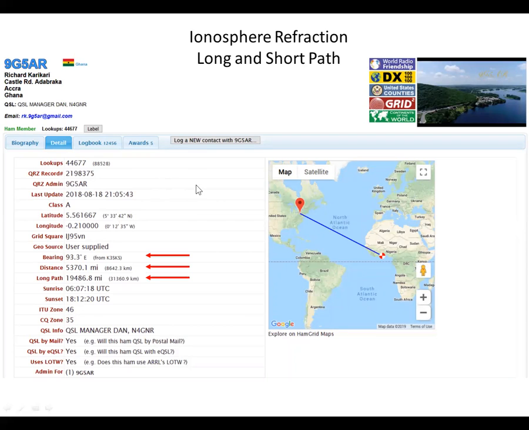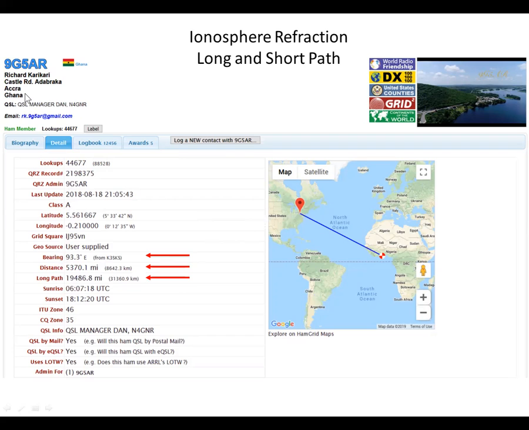And this is just an example of where you can find some of this information. This is a page from qrz.com, and when you put in a particular call sign, the website returns information about that call sign: name, address, class of license, its location, longitude and latitude, and it'll also show the bearing from where you are to that station.